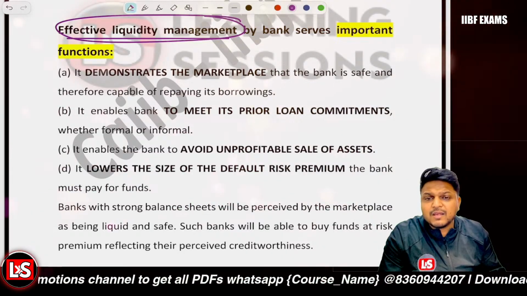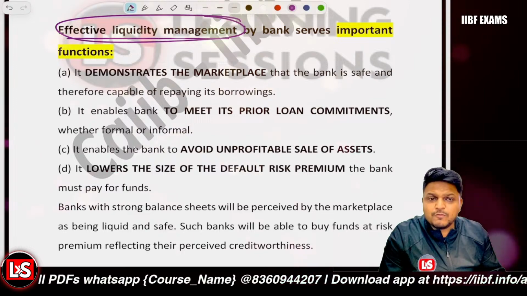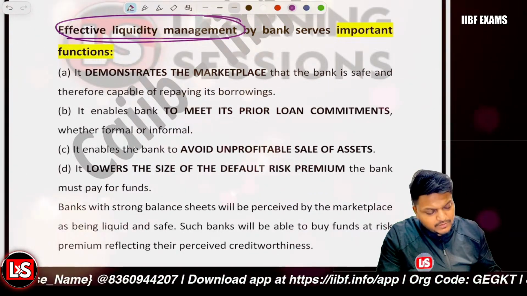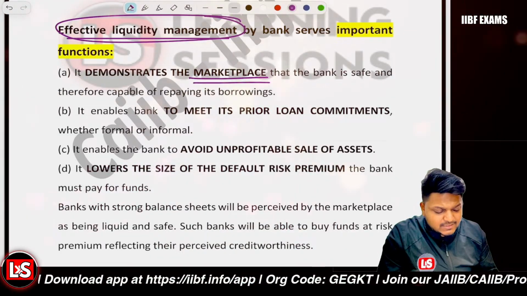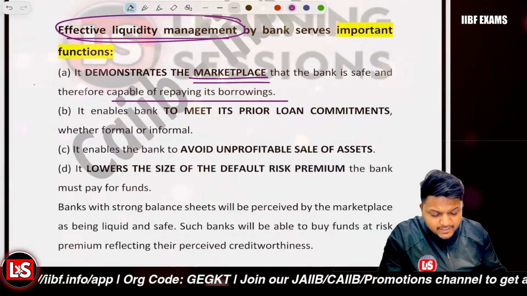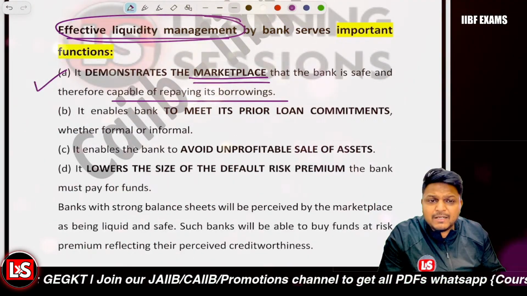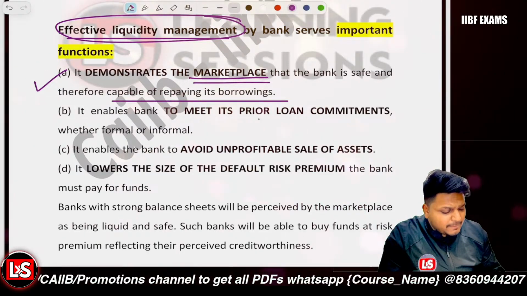If you have trust in the market or financial strength, then you'll feel safe about it. So it's about the marketplace feeling that the bank is safe and therefore capable of repaying the borrowings, right? So it's market confidence, first of all. Second thing, it's related to having the ability to honor the lending obligation, that you have prior loan commitments.